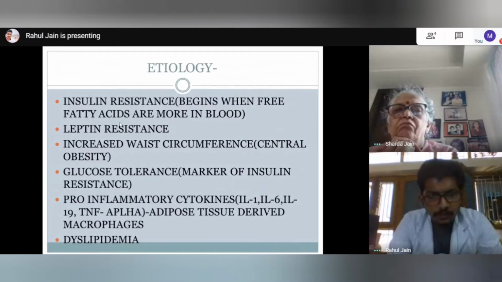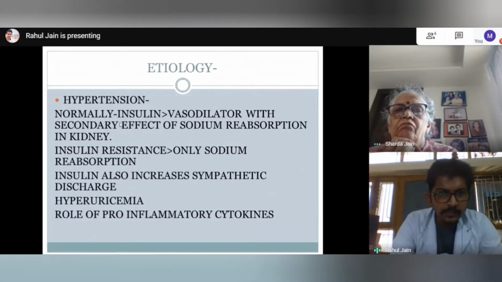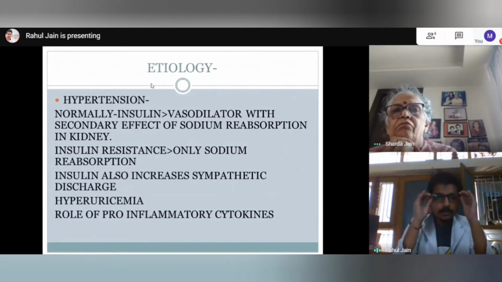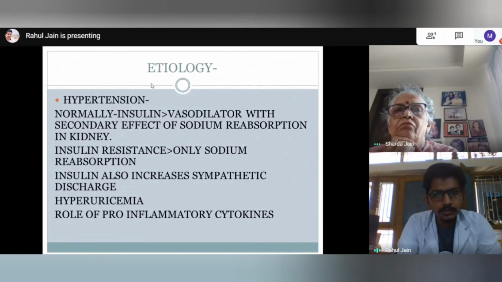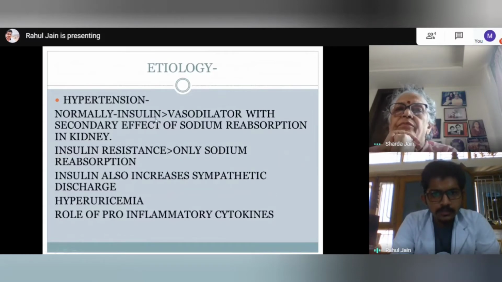So I hope the etiological factors are clear, and we'll discuss more about hypertension, or how insulin resistance causes hypertension. Basically, we need to understand that normally insulin has vasodilator properties. Since it causes vasodilatation, it causes increased GFR, that is glomerular filtration rate, which causes increased sodium reabsorption.